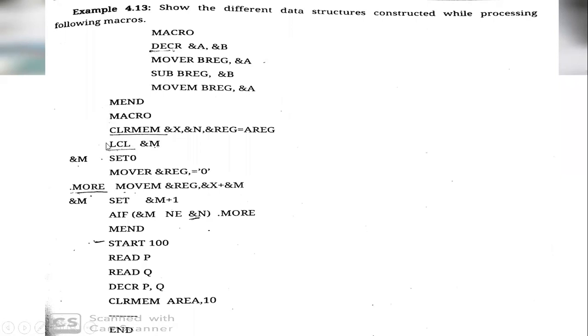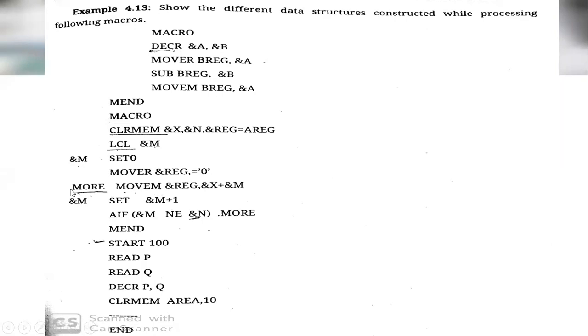Then one LCL, it is the expansion variable, where the expansion variable is used at this location, SET 0. Okay, the value of this expansion variable will be set to the value 0. We can use the SET statement to set the value of an expansion variable. Then the model statement corresponding to that is nothing but the MOVER. Then there is a label statement, and here we can have the dot.